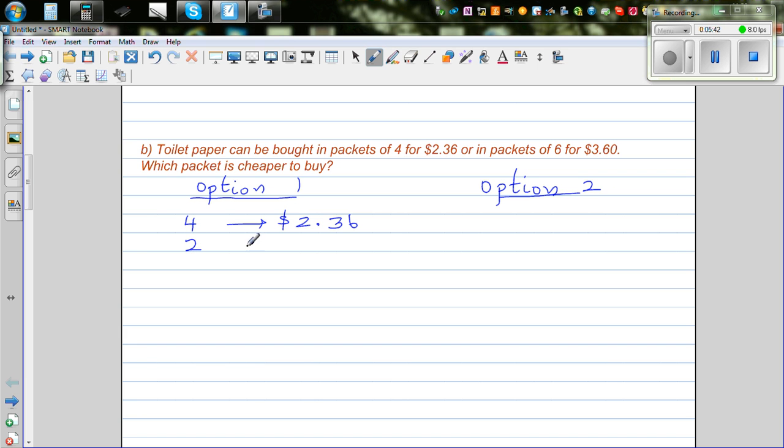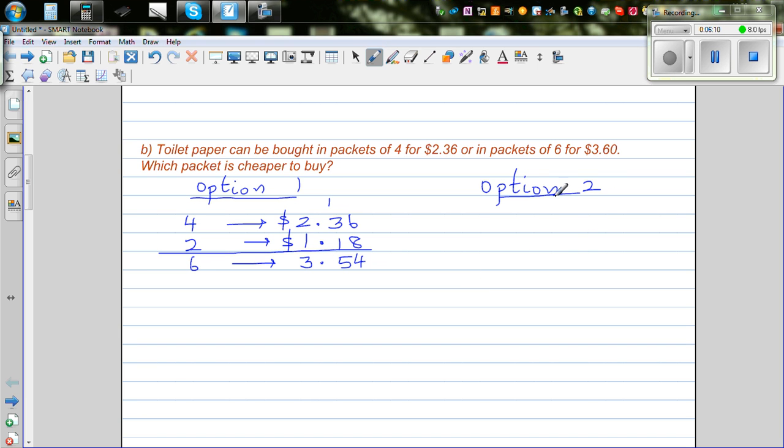So you can get 2 for half of this. So half of $2 is $1, and half of 36 cents is 18 cents. So you can say that for 6, this is adding it, so 6 plus 8 is 14, remainder 1, 3, 4, 5, and this is $3.54.